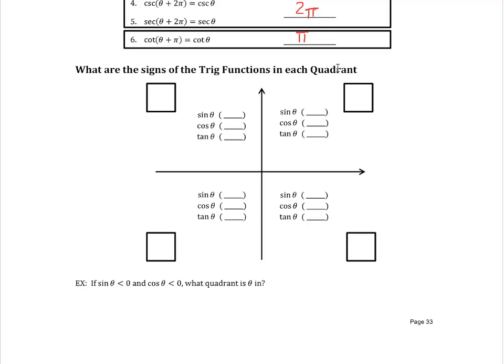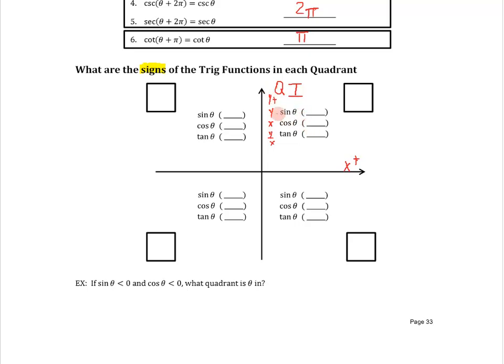The next property that I'd like us to take a look at is the signs of the trig functions in each quadrant. Now you'll remember that sine is the y coordinate, cosine is the x coordinate, and tangent is y over x. Now if you're in the first quadrant, what I would call quadrant 1, Q1, then you know that x is positive and y is positive.